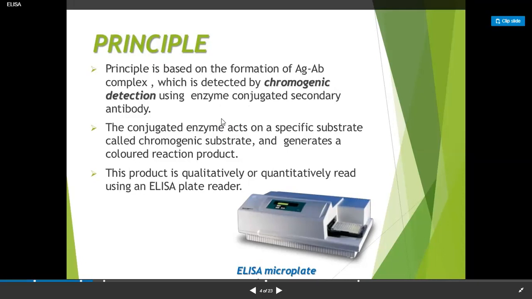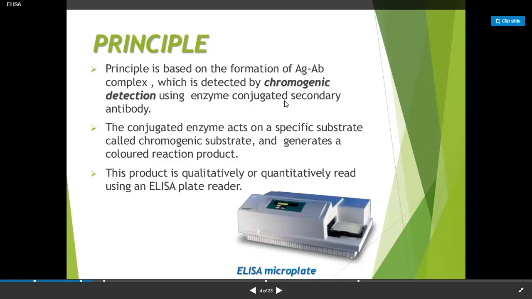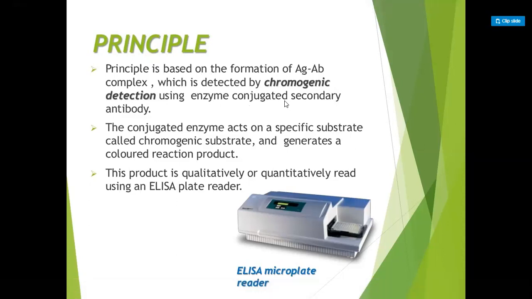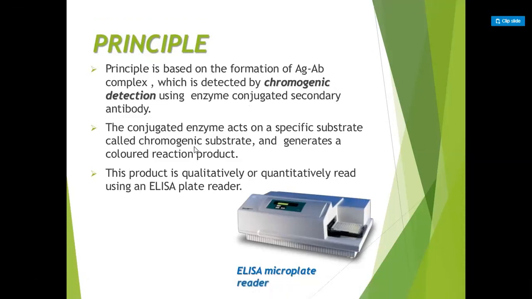A color is formed when an antigen and antibody complex is formed, which is indicative that the antigen is present. This results from the use of conjugated enzymes which are bound to a chromogenic substrate which generates a color product.